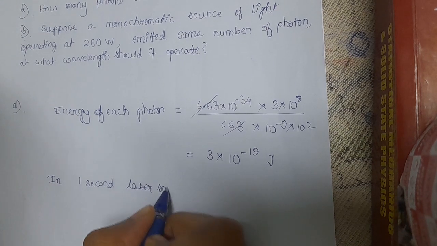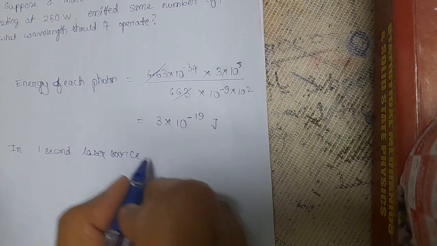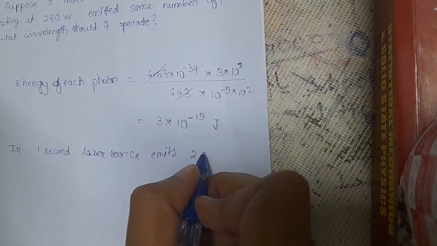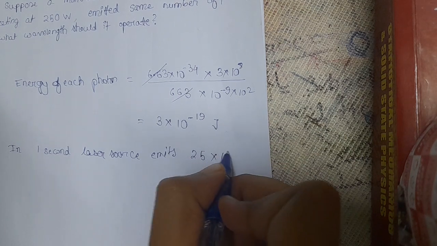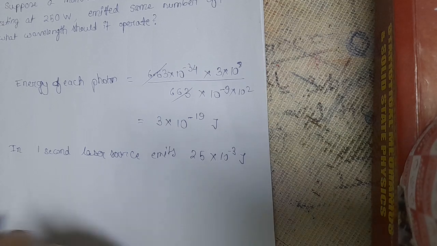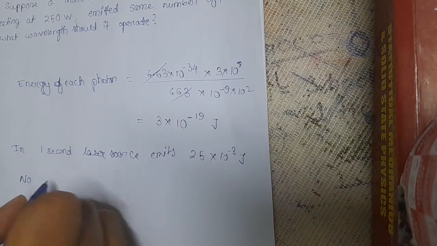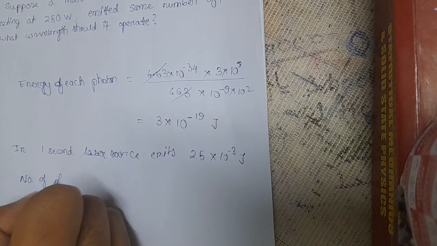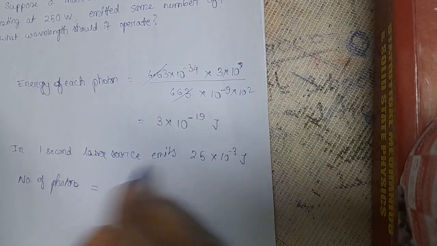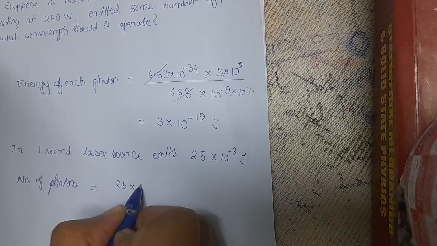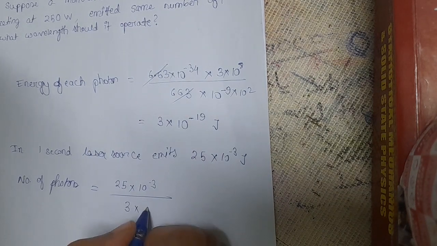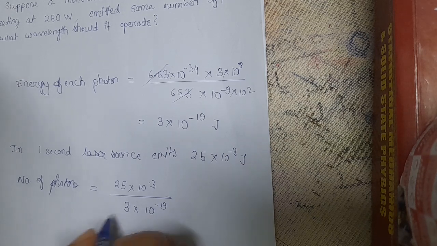the laser source emits 25 into 10 to the power minus 3 joule of energy. So the number of photons will be 25 into 10 to the power minus 3 divided by 3 into 10 to the power minus 19.